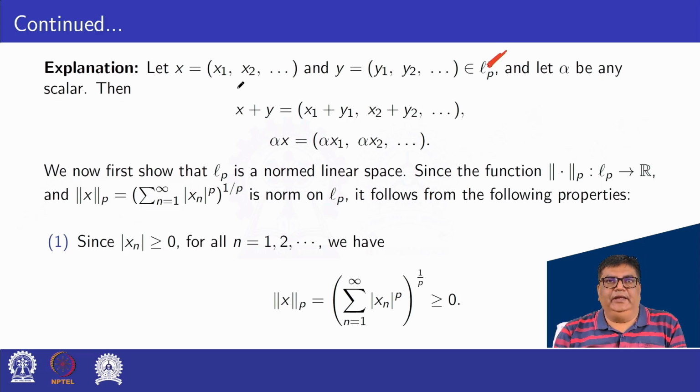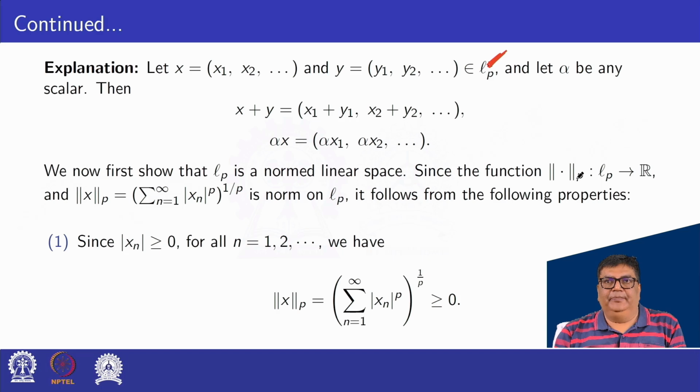And let alpha be any scalar. Then x plus y is equal to x1 plus y1, x2 plus y2 and so on, and alpha x is defined as alpha x1, alpha x2 and so on. We now first show that LP is a normed linear space.